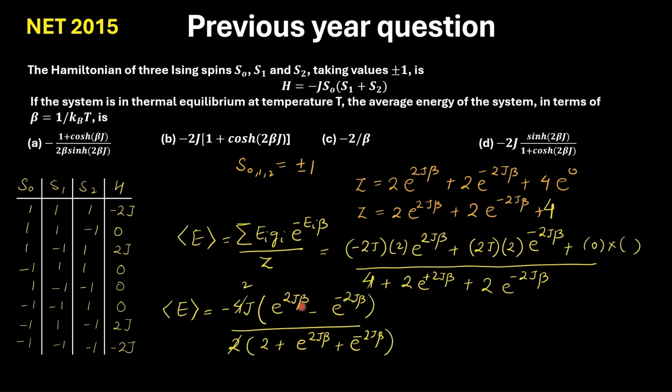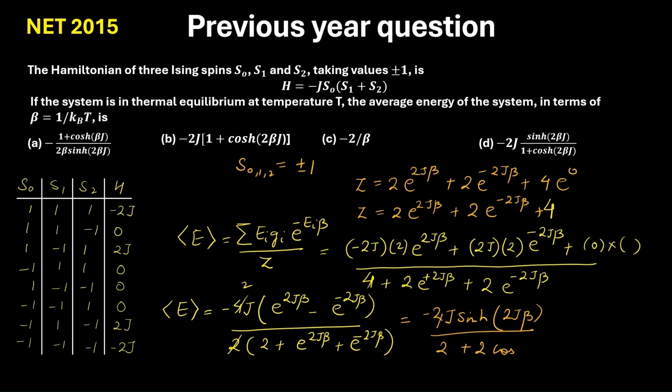Now this term I can write as sinh, and this term I can write as cosh. So it will be minus 2J sinh of 2J beta divided by, when we convert to a sinh function, a factor of 1/2 will come and a factor of 1/2 will also come here.